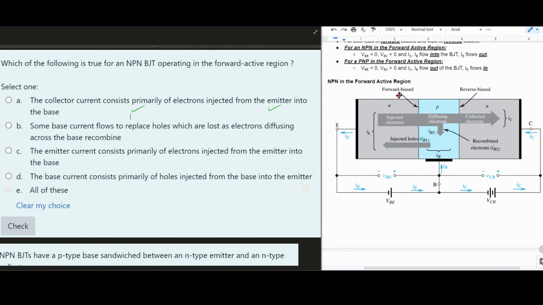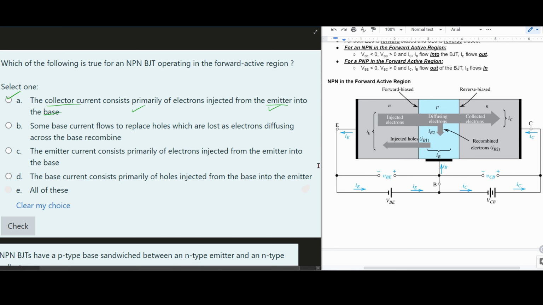We can see that we have the collector right here, the collected electrons, right? And it consists primarily of electrons, so our injected electrons that are injected in here from the emitter side into the base. So we have the emitter right here, then we have our base right here, and then we have our collector, which is after that. So this one is going to be true.